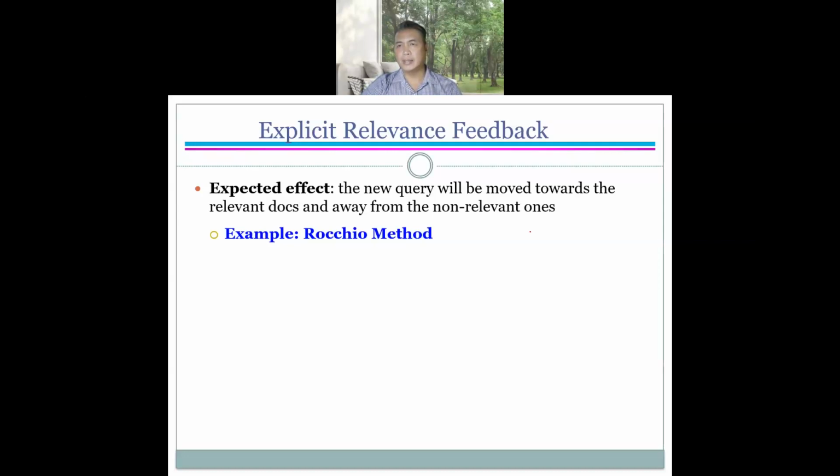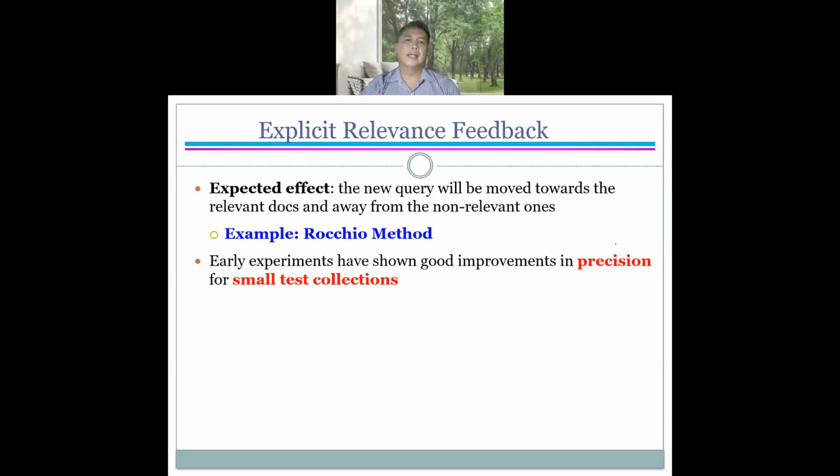So how this is being implemented, let's see the formula that we have. In the early experiments, they have shown good improvement in precision on small test collections. So this is one of the methods that they use in order to get a better modified query.